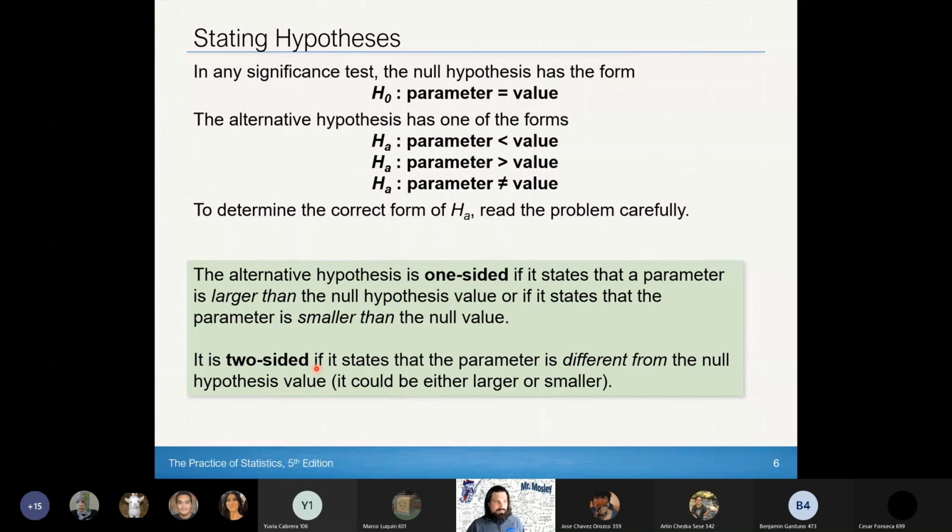It is two-sided if it states that the parameter is different from the null hypothesis value. It could be either larger or smaller. That's the last option here, parameter not equal to value. That is two-sided. If you need a moment to write some of this down, please raise your hand.